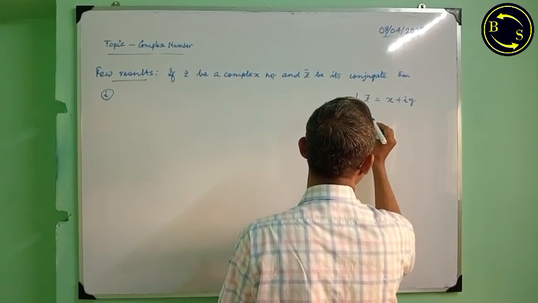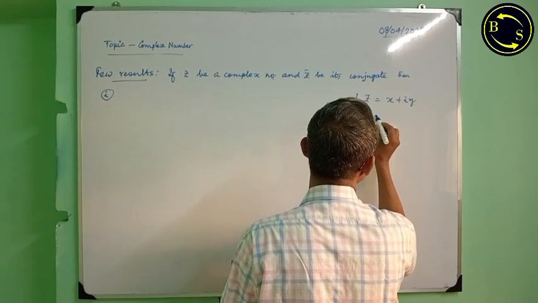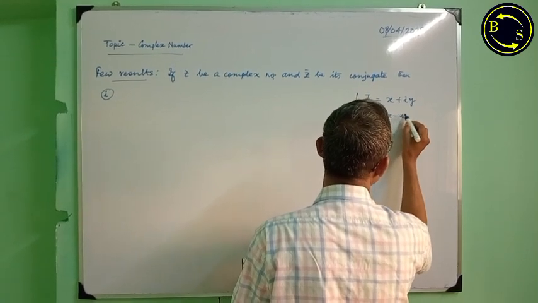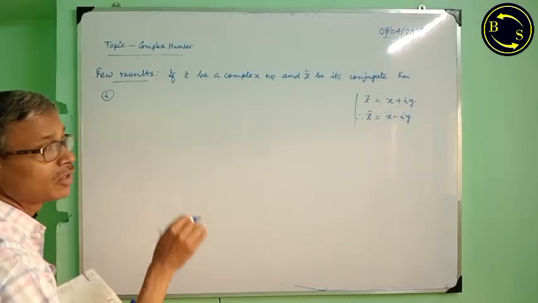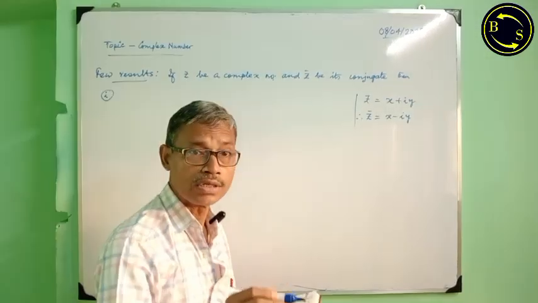Therefore, its complex conjugate is x minus iy. Now we are going to discuss some results.